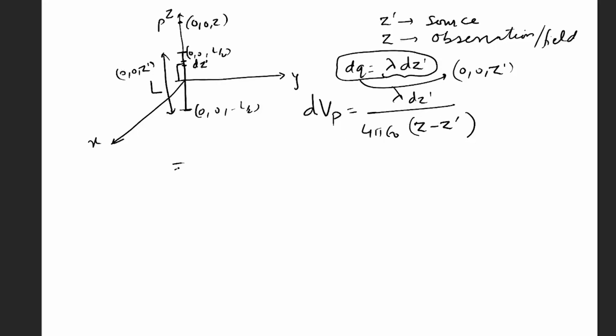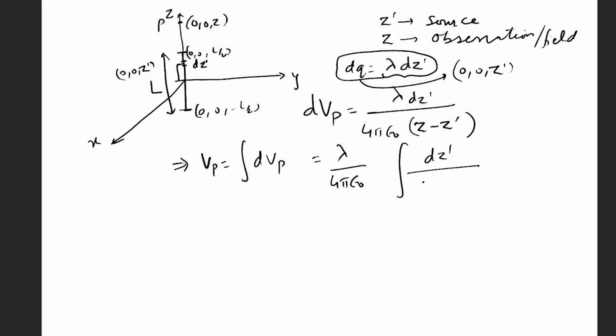So the potential because of the full line charge will be the integration of this dVp. Vp is equal to lambda, which will be a constant, over 4 pi epsilon naught, which will be a constant, so it will come out of the integration of dz dash over z minus z dash, and this z dash is going to vary from minus L by 2 to L by 2.